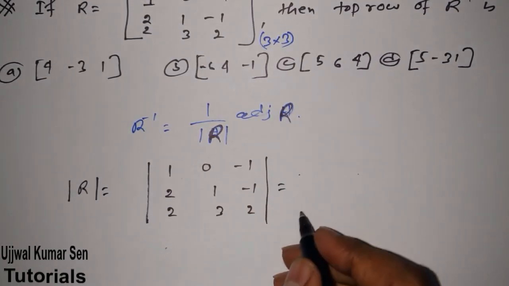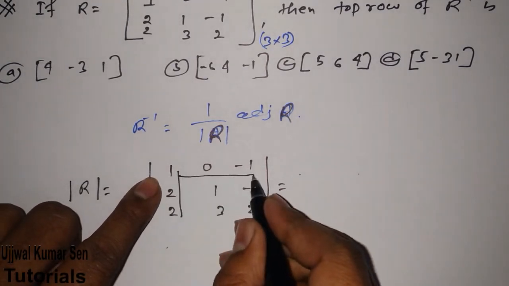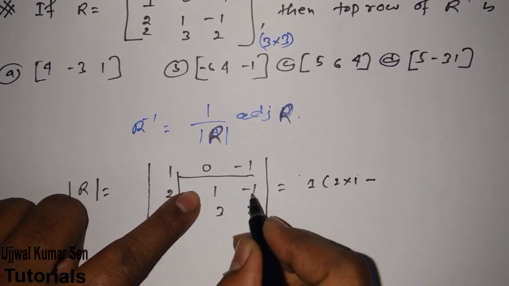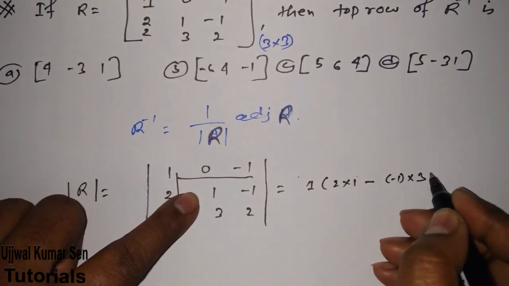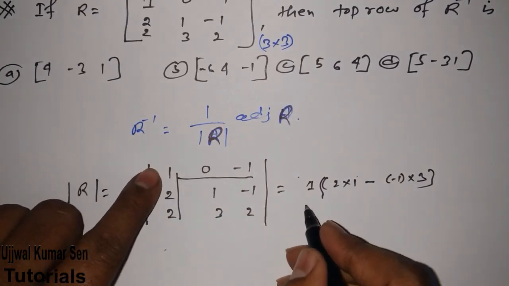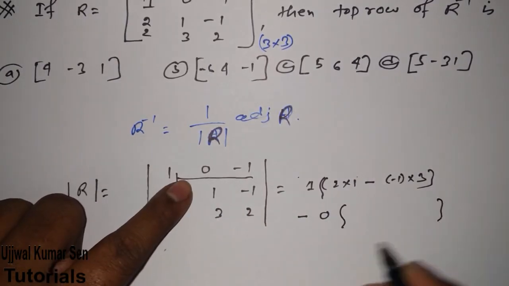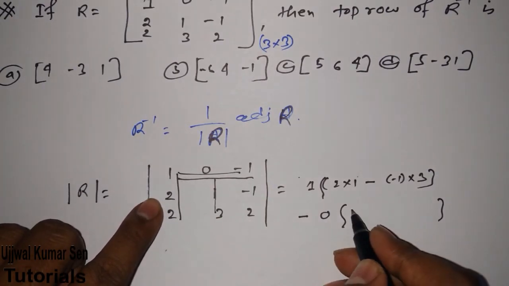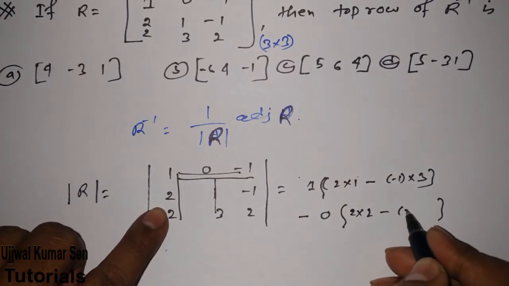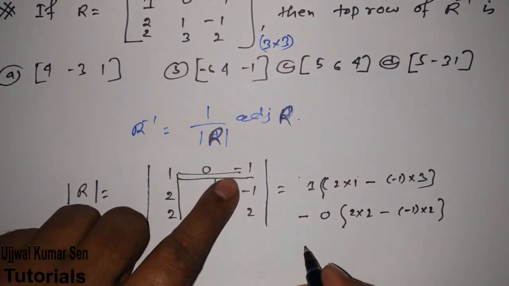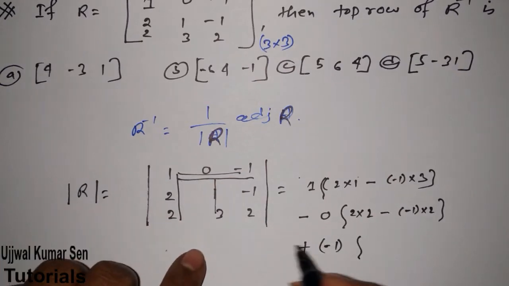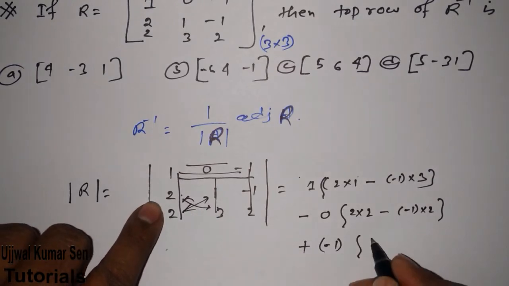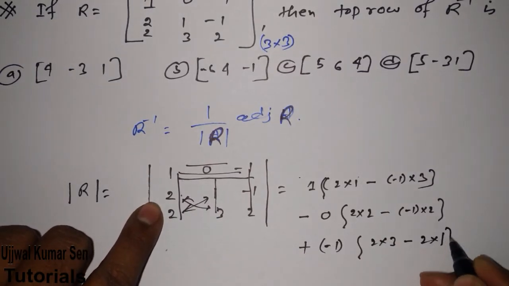For finding the determinant, we choose the first row. 1 times (2 times minus 1 minus 1 times 3), minus 2 times (0 times 2 minus 1 times minus 1), plus 2 times (0 times 3 minus minus 1 times minus 1).